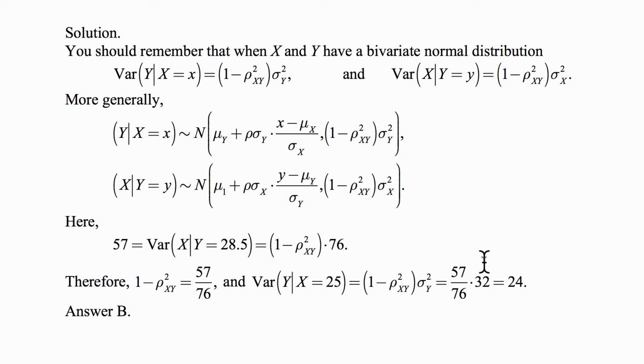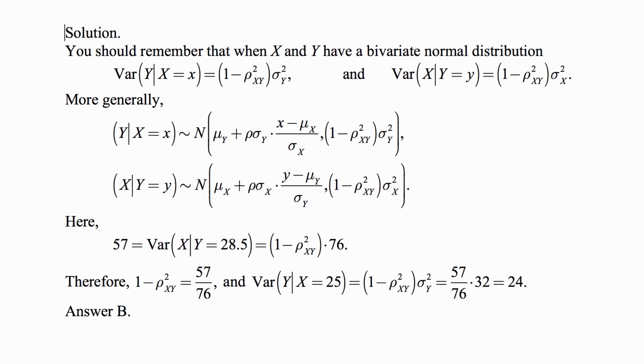More generally, we actually know that the conditional distribution of Y given the value of X equal to little x is normal with mean mu sub y plus rho sigma y times x minus mu sub x divided by sigma sub x, and the variance that I just described.